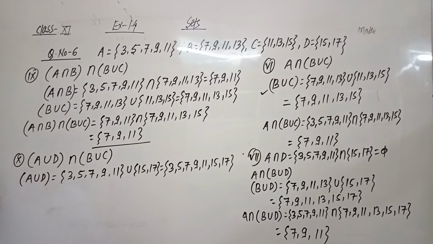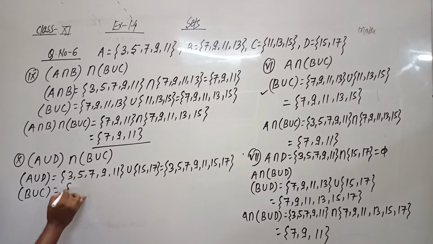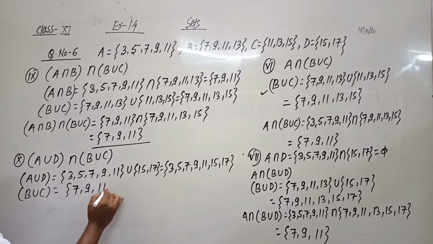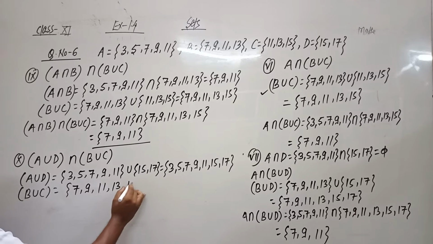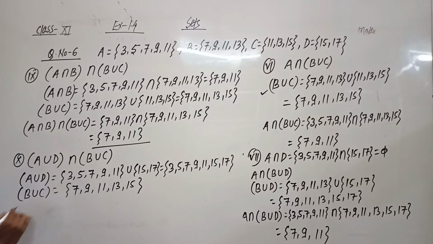And already we have calculated B union C. So the result we will write, B union C is 7, 9, 11, 13 and 15. Then we calculate A union D.